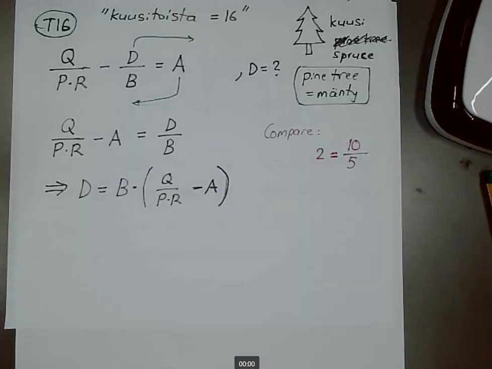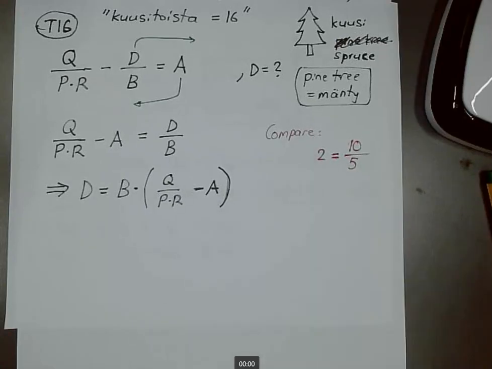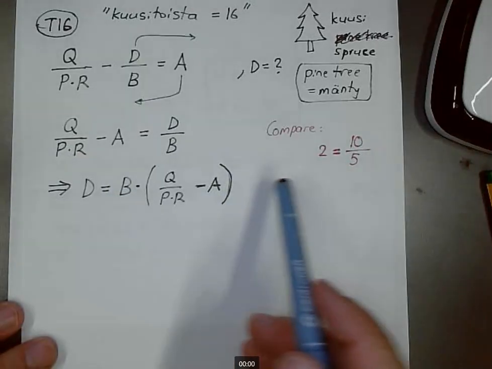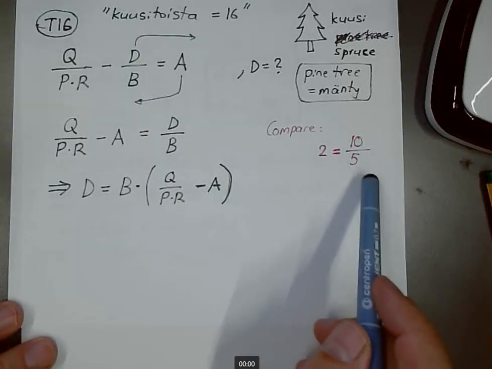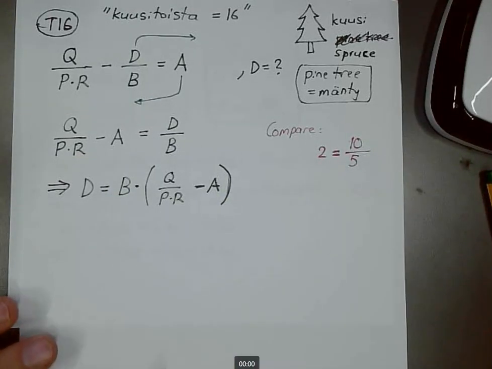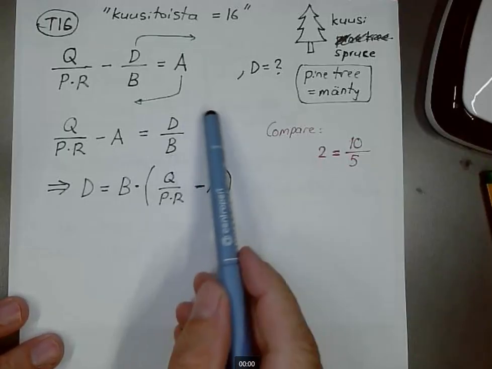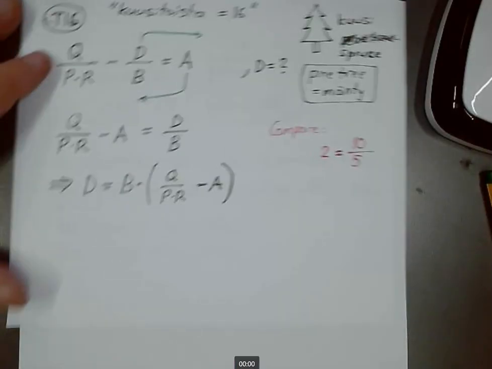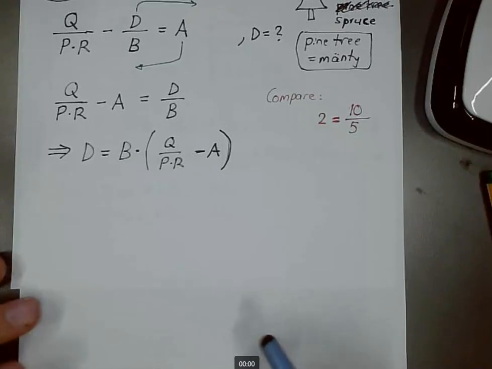Sometimes, and quite often, it is helpful to compare. If you are only 99% sure how to solve this, I suggest you compare with these numbers, so you easily find out a way to solve this kind of problem and you get it correctly.